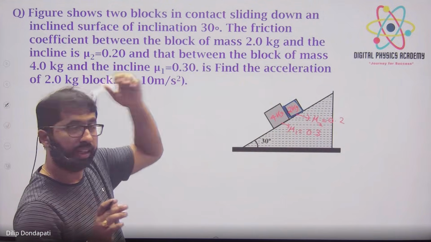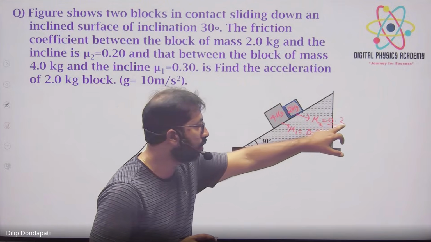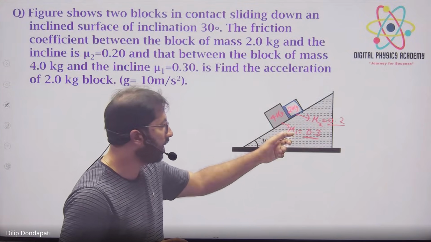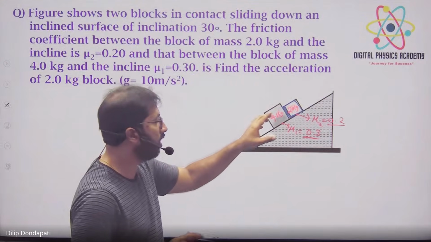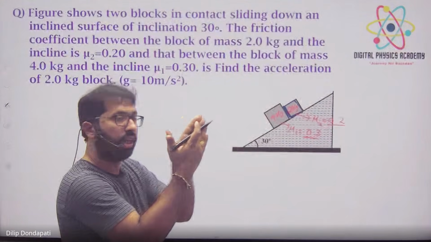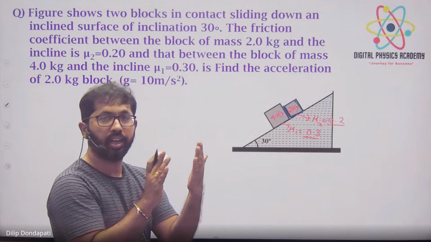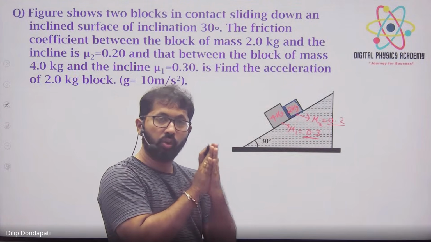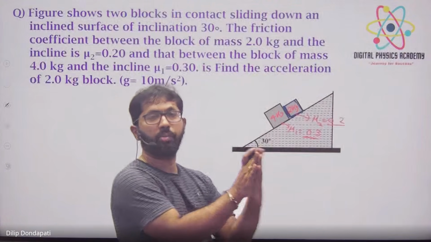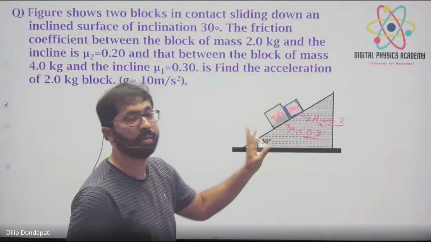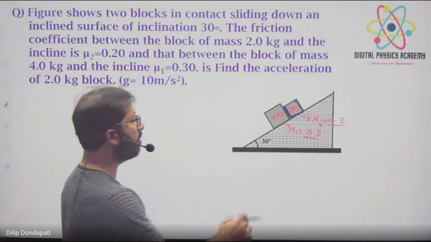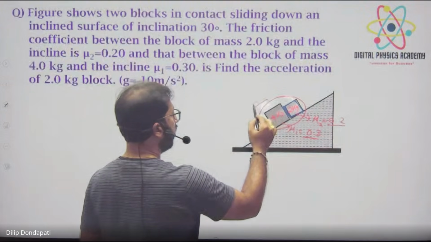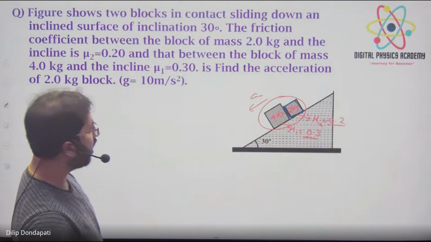ये mu 0.2, ये 0.3, ये ज्यादा kinetic friction है पीछे, that's why it will go slow, this will go fast, but दोनों contact में है. तो ये देखो आगे वाला बहुत धीरे जा रहा है, आप कितना भी fast जाने दो, you will go with the 4 kg block only. That means indirectly they are moving with same acceleration. Understood this point? Now calculate the acceleration.